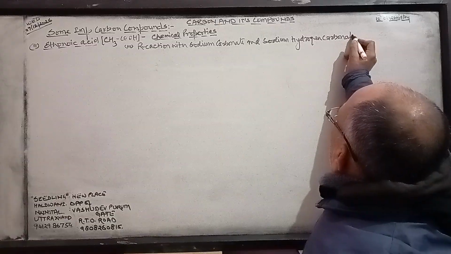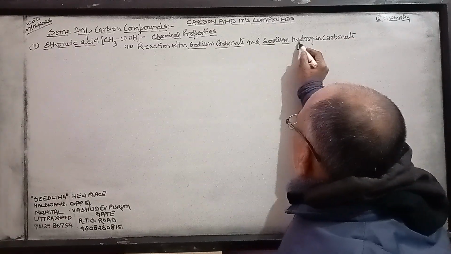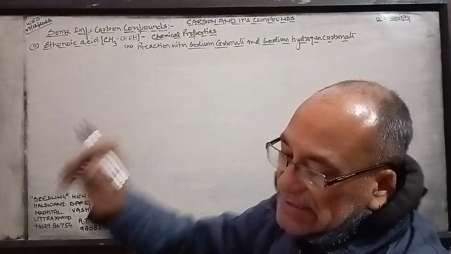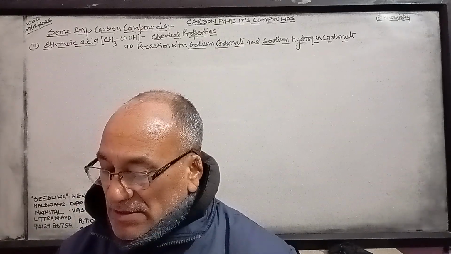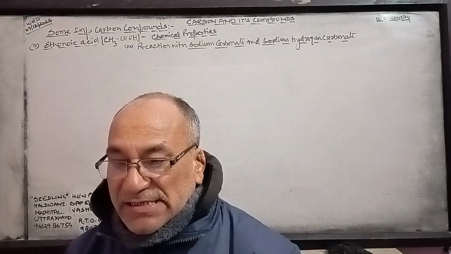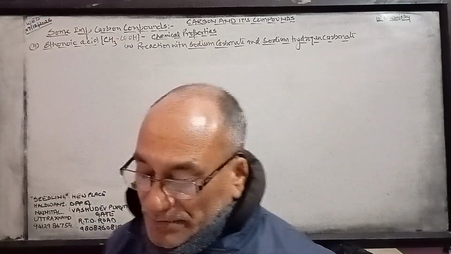The very important reaction. The only difference you will see is that in both cases the same formation will occur, but the molecules of the acetic acid will be a little bit different from each other in both the cases.